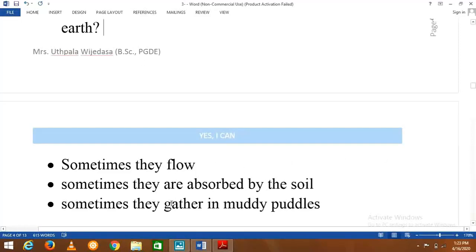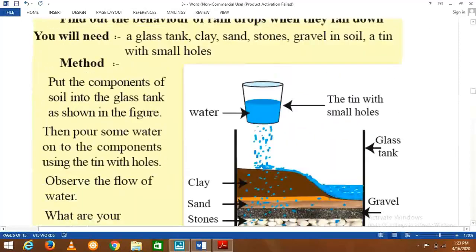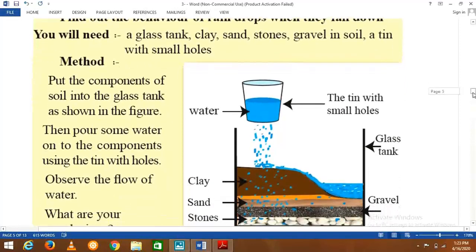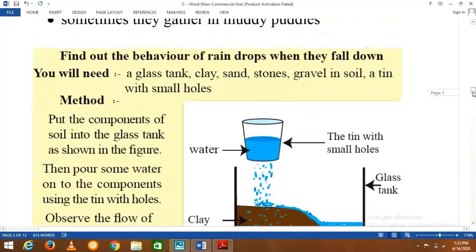And in certain instances, some amount of water is gathered in muddy puddles. So this activity is to discuss what happens to rainwater once it has fallen on the ground. Find out the behavior of raindrops when they fall down.